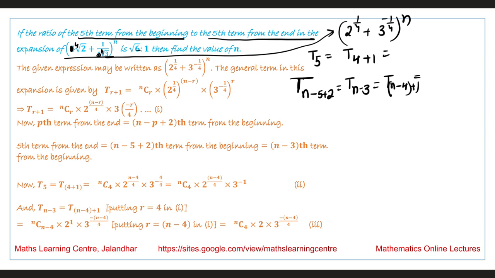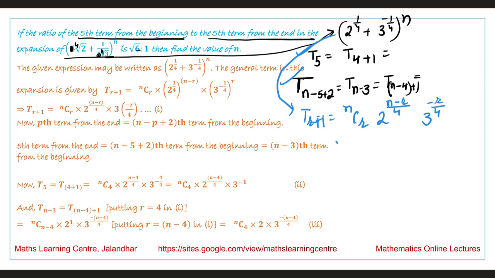Now the ratio of both these terms is given. Now look at this expansion. The general term t(r+1) is nCr 2 raised to the power (n minus r) by 4 and 3 raised to the power minus r by 4. If we use both these values, in the first case the value of r is 4.